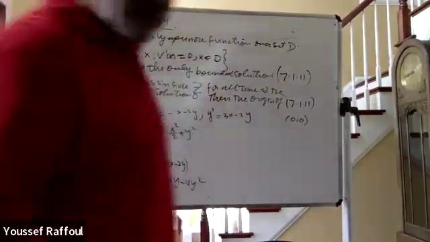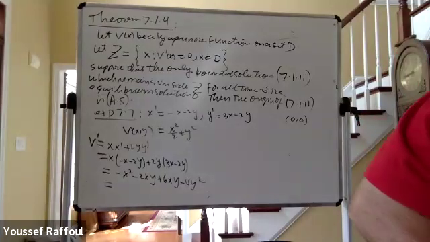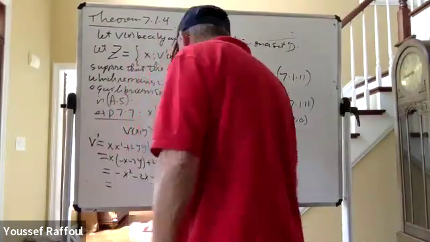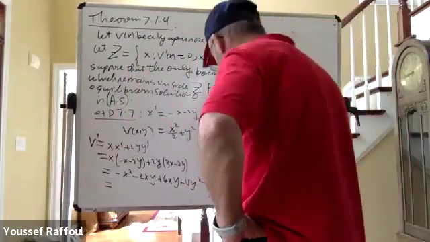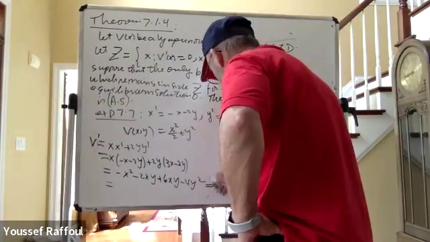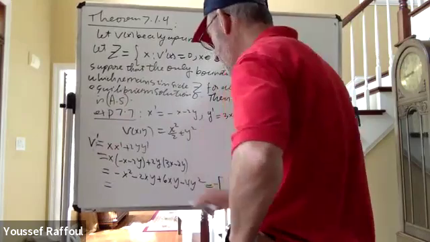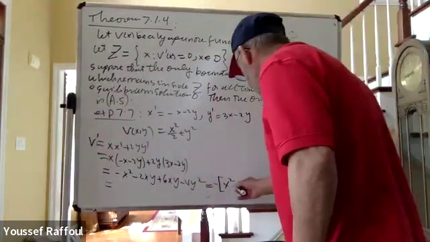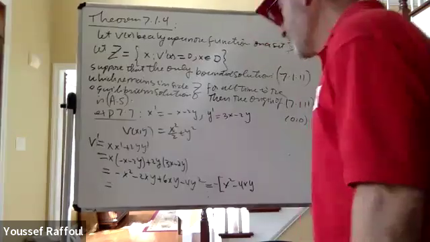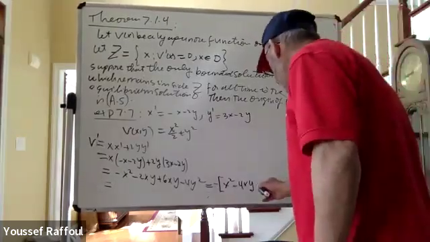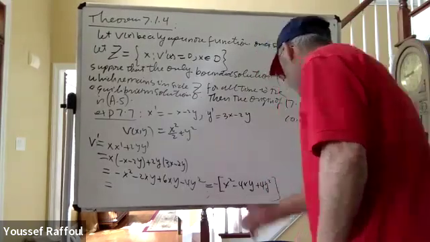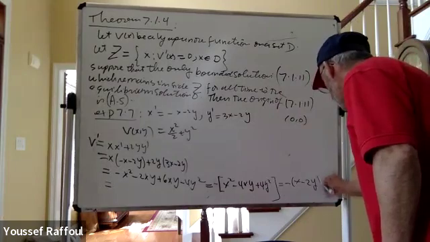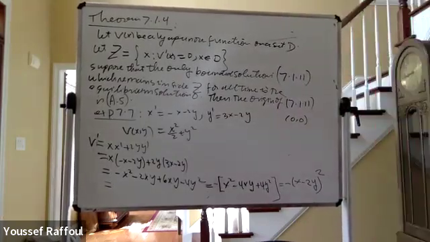Let's see, that is minus x squared minus 2xy plus 6xy minus 4y squared, which is minus (x minus 2y) squared. Okay?